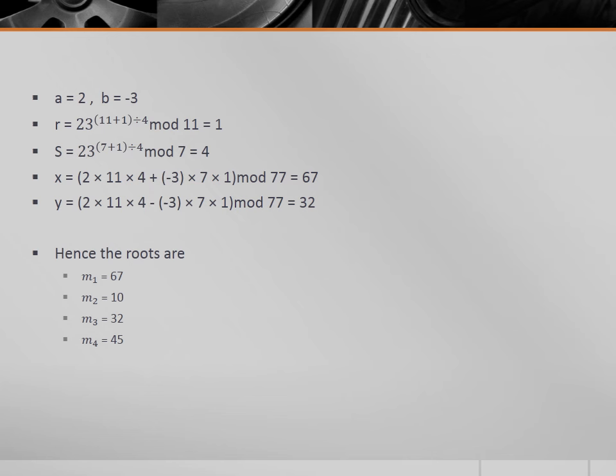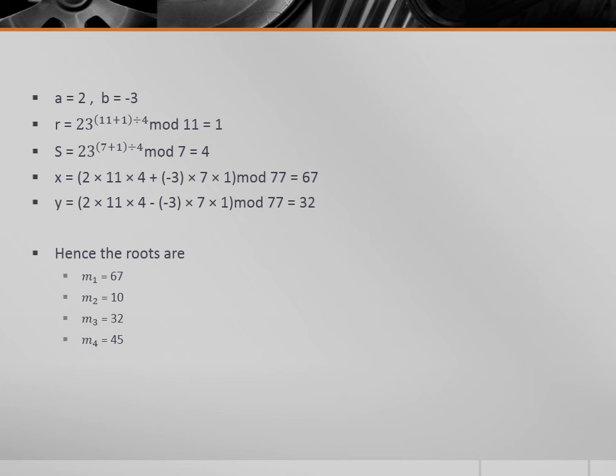S is equal to ciphertext to the power (Q plus 1) divided by 4 modulo Q, it is 4. X is equal to A into P into S plus B into Q into R modulo N, it is 67. A into P into S minus B into Q into R modulo N equal to Y, it is 32.